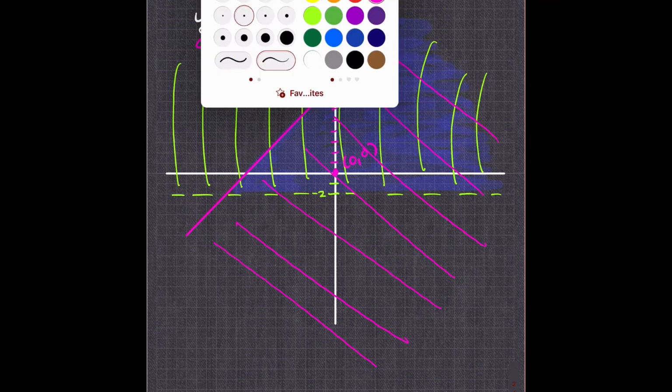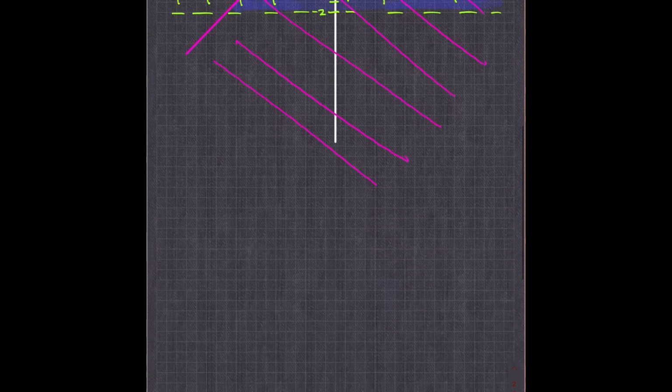All right, let's do another one. Number 3 says y is less than 3x plus 8, and y is greater than or equal to 4x.